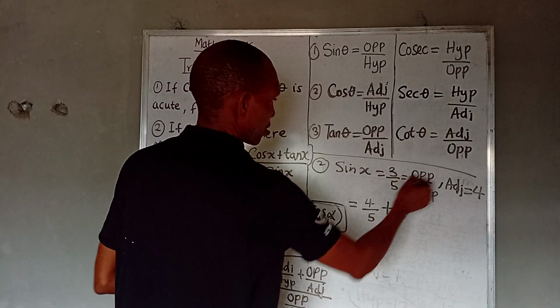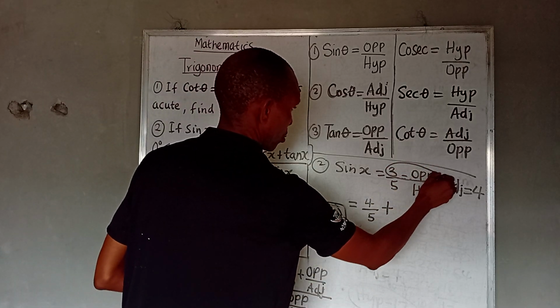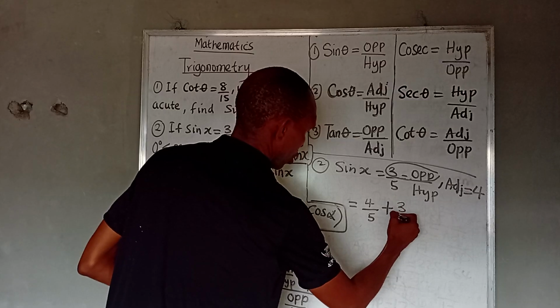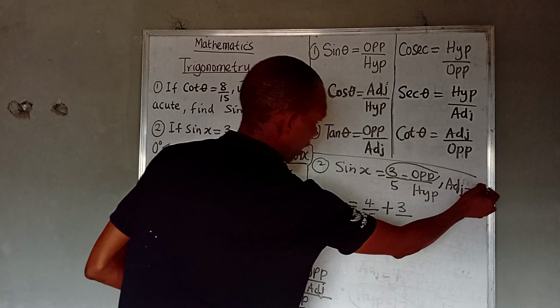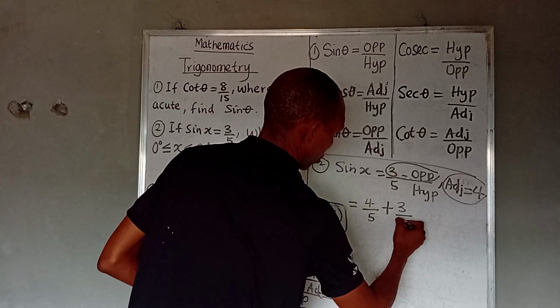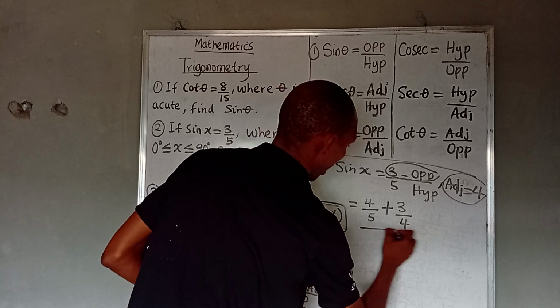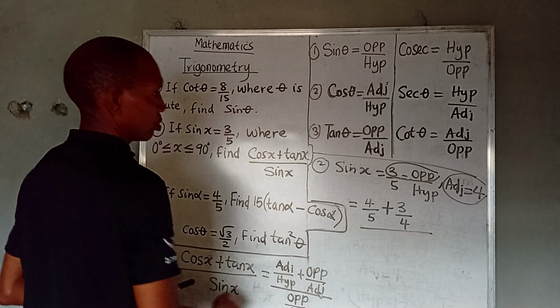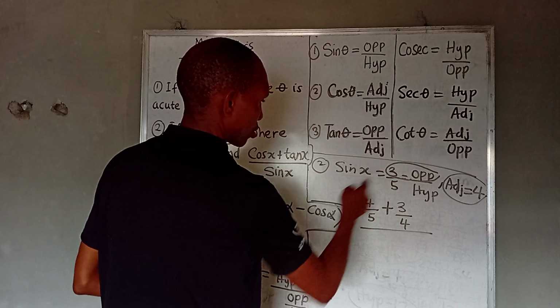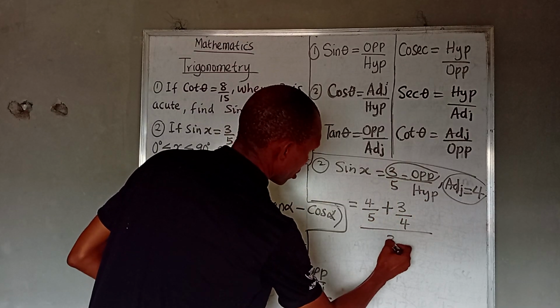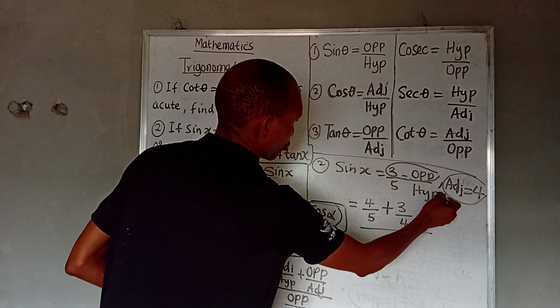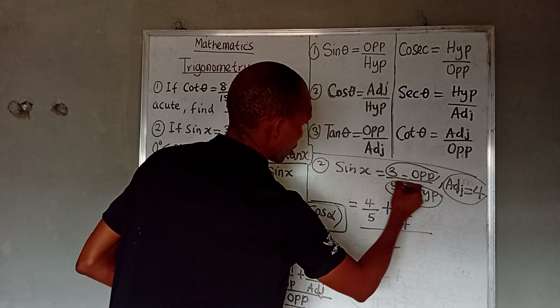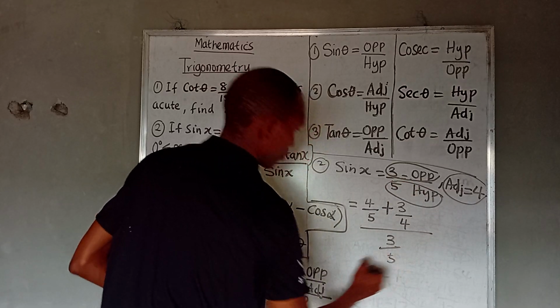The opposite is 3. So that gives us 3 all over the adjacent. Adjacent remains 4. Divided by, we need the opposite over the hypotenuse. Opposite remains 3 and hypotenuse remains 5. So 3 over 5.